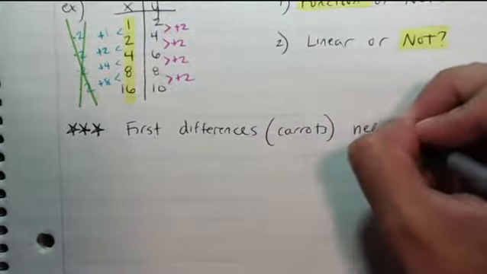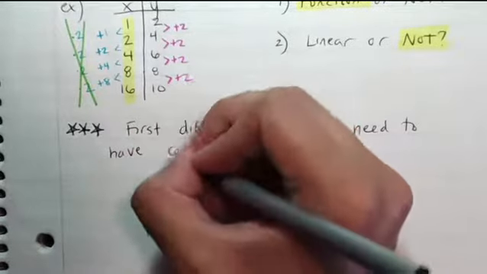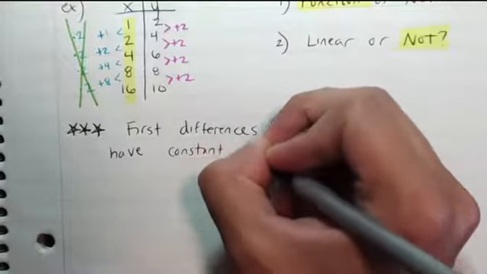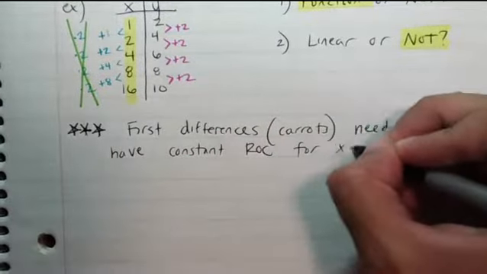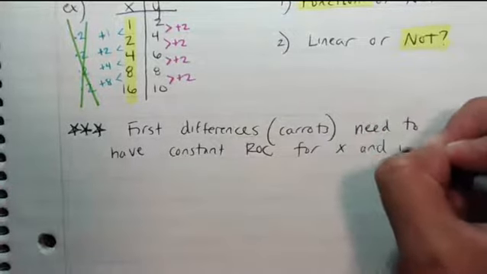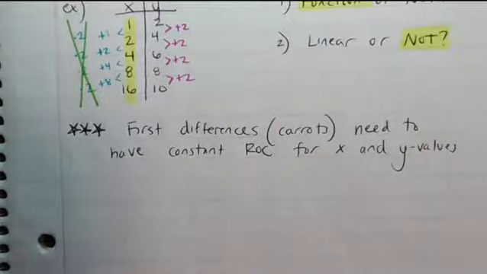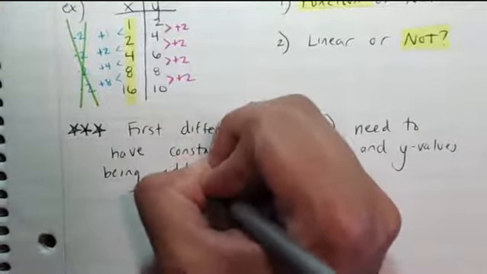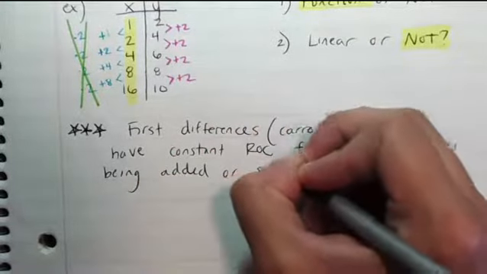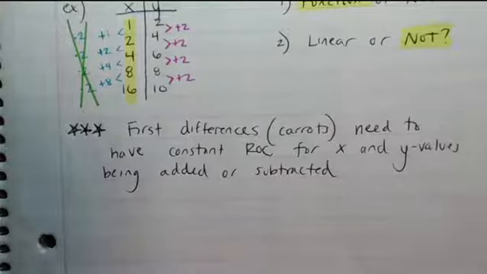They need to have a constant rate of change for the X and Y values being added or subtracted. Go ahead and highlight that.